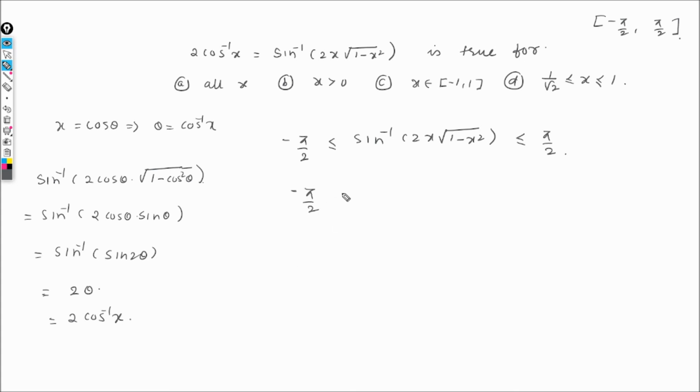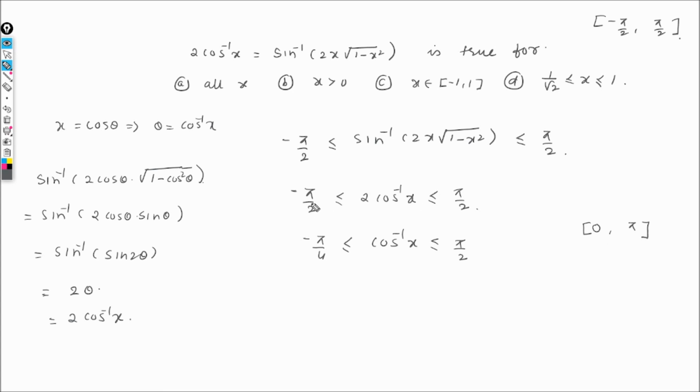So minus pi by 2 is less than or equal to 2 cos inverse x is less than or equal to pi by 2. Dividing both sides by 2 here, it will be minus pi by 4 is less than or equal to cos inverse of x is less than or equal to pi by 4. But here the principal value branch of this cos inverse function is 0 to pi.